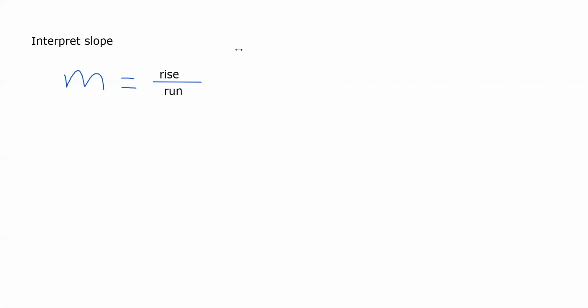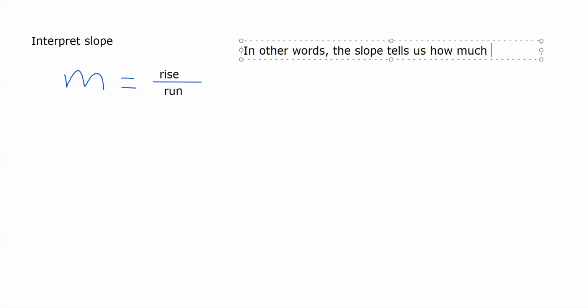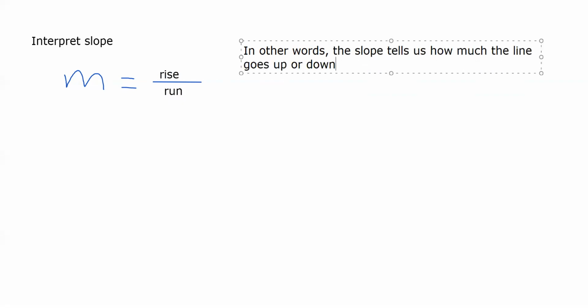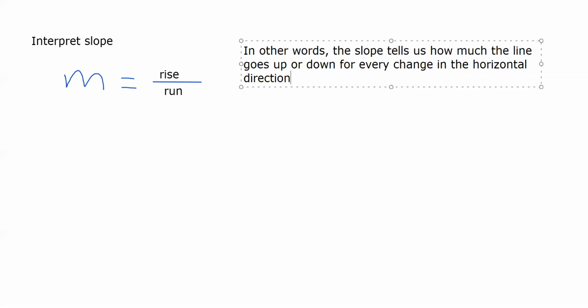In other words, the slope tells us how much the line goes up or down for every change in the horizontal direction. What is the change in the vertical direction, basically as a ratio to the change in the horizontal direction?